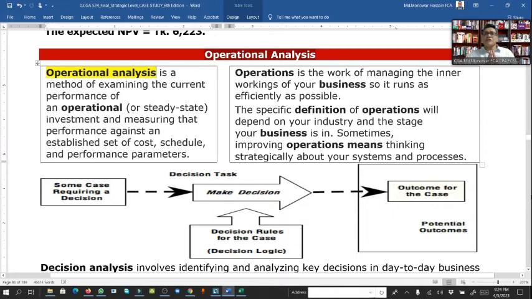Operations is the work of managing the inner workings of the company or business so it runs as efficiently and effectively as possible for achieving the goal, mission, vision or value addition of the organization. The specific definition of operation will depend on the industry and stage of the company. Sometimes operation means thinking about the strategy and the system of the process of the organization.